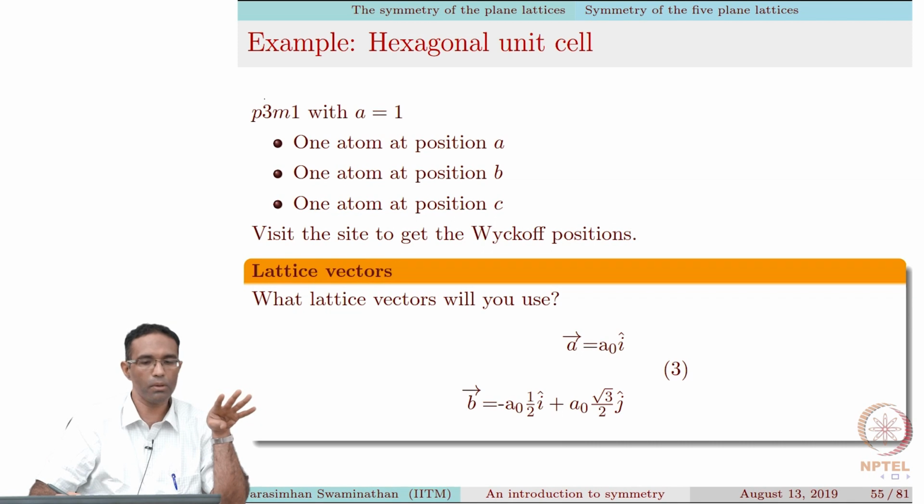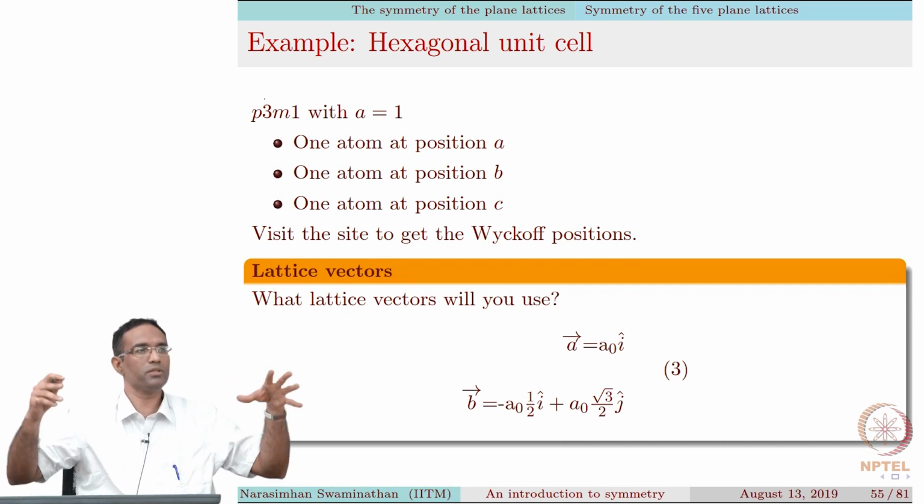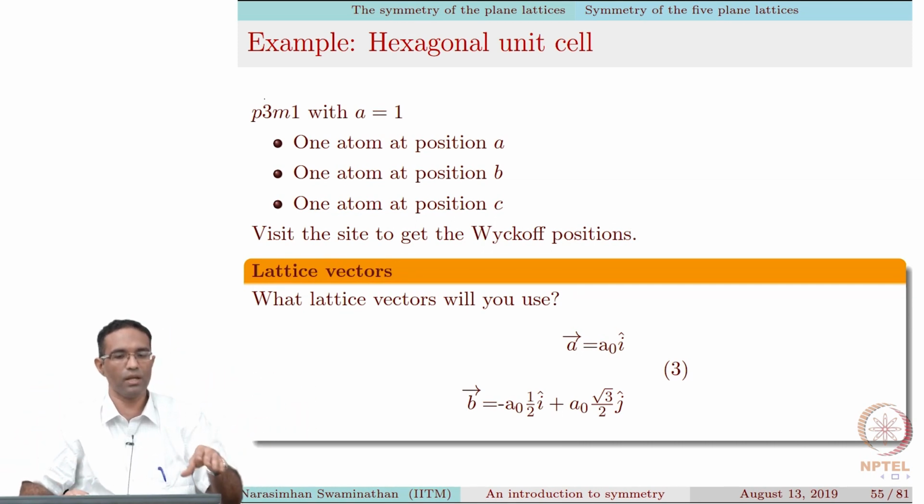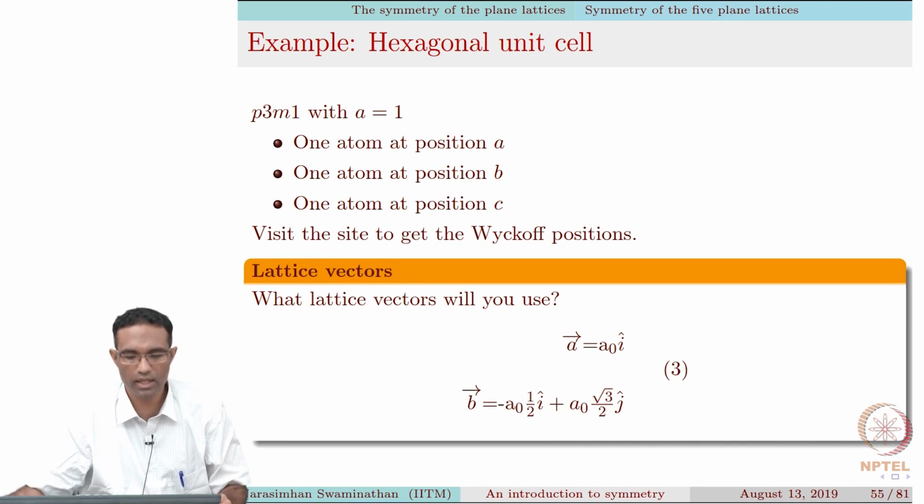So the given problem is the 2-dimensional crystal is in the space group P3M1 with A equal to 1. One atom is at position A, one atom at position B, one atom at position C. This is all that is given to us. So how would we go about generating the crystal structure?